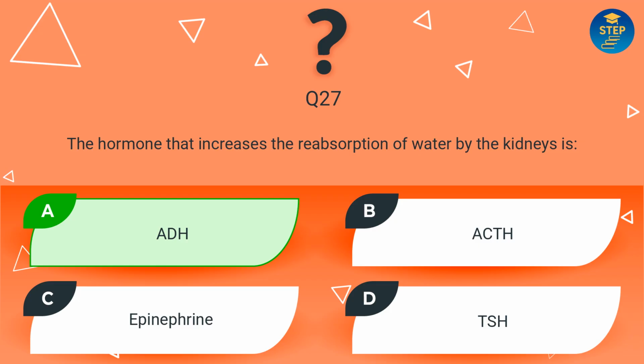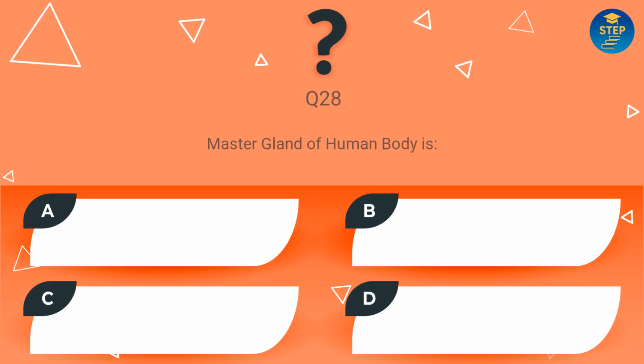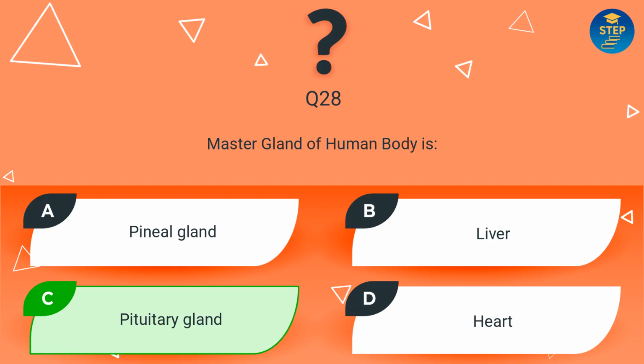Answer is ADH. Master gland of human body is pineal gland, liver, pituitary gland, heart. Answer is pituitary gland.